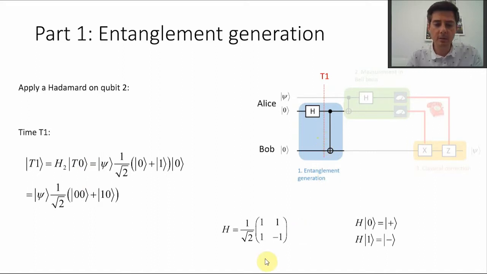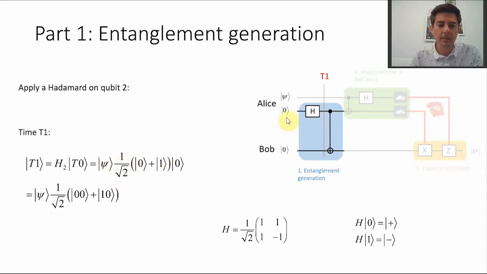Just to remind you, the Hadamard gate is that unitary gate that is defined like this. If you apply the Hadamard gate to the state 0, it will make the state plus, that is, the state 0 plus 1. The Hadamard gate applied on 1 makes the state 0 minus 1, or the state minus. So the second qubit here is this plus state.